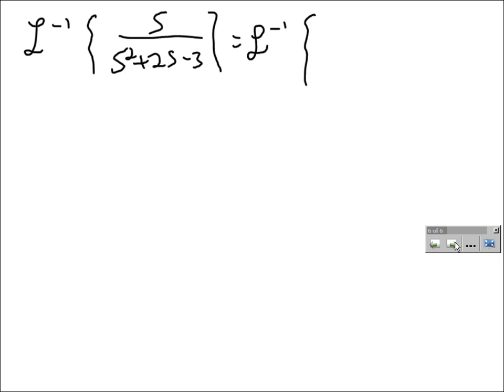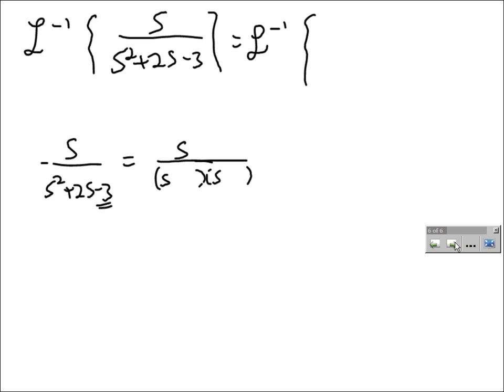So you want to rewrite s over s squared plus 2s minus 3. Well, the bottom can be factored. Since it's s squared, I'm going to try to think of two numbers that multiply out to negative 3 and add up to 2. And negative 3 and plus 1 do that.